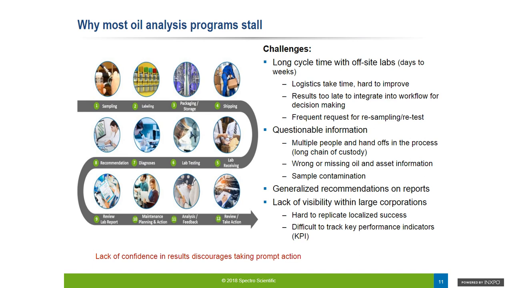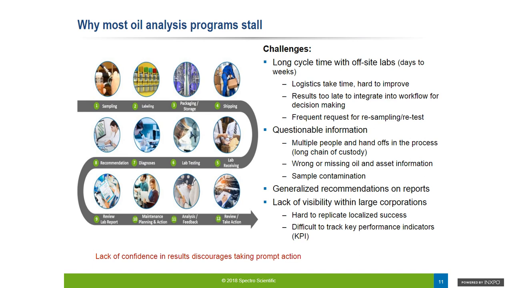The information as well that can come back is not very helpful, or you can have many different people trying to identify what's happening. It's a generic answer or a generic piece of information, and it's very much a lack of detail and a lack of information that's specific to the plant environment and the specific actions that need to take place.